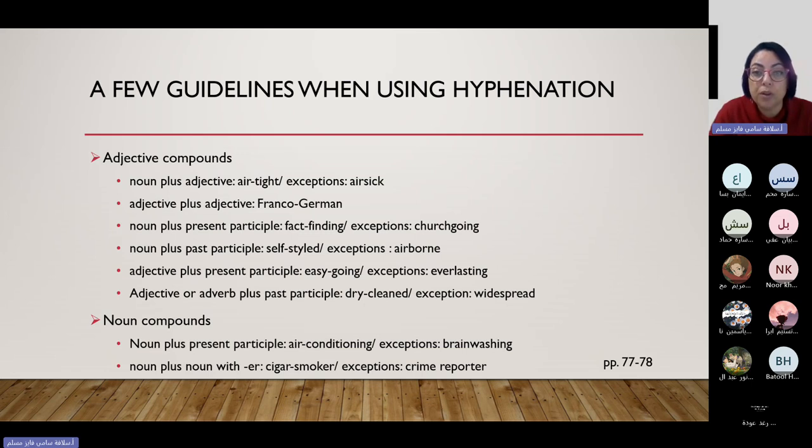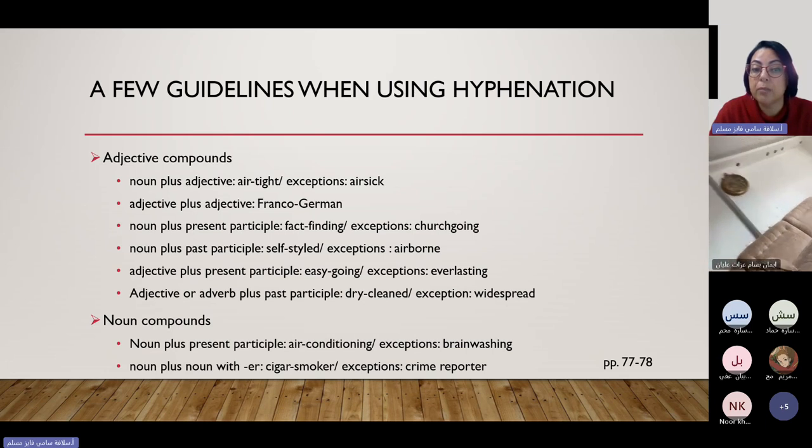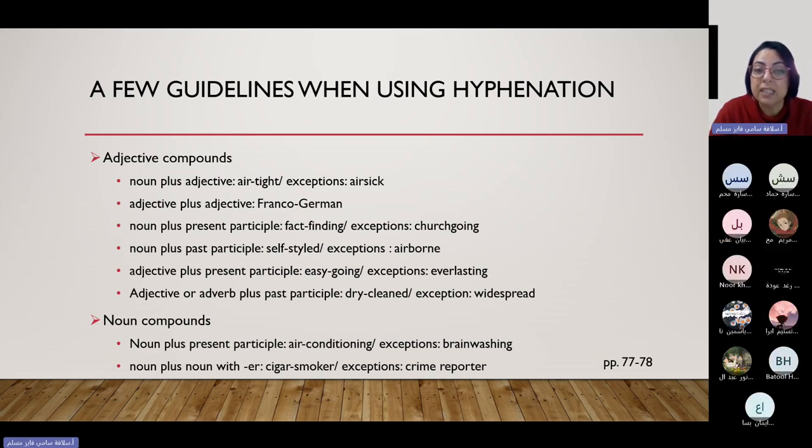Exception, airborne. Adjective plus present participle, easygoing. Easy is an adjective, going is the present participle. Exception, everlasting. Adjective or adverb plus past participle, dry-cleaned.